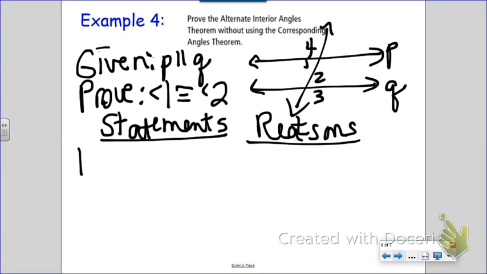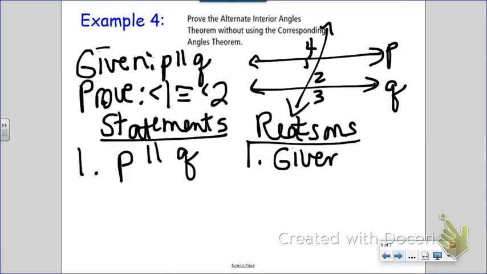So we'll start with our given information. P is parallel to Q, and that's given. We're proving alternate interior angles congruent, so I'm going to pick some other angle pairs to work with. So I'm going to label all the angles. And it doesn't want me to use corresponding angles, so I'm going to work with some other angle pairs.